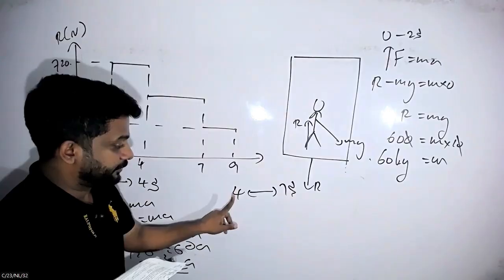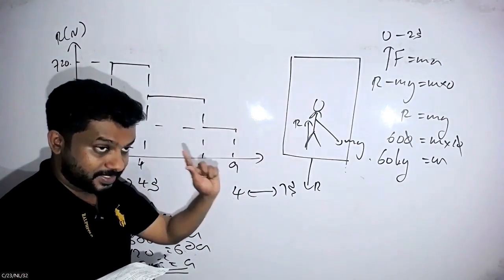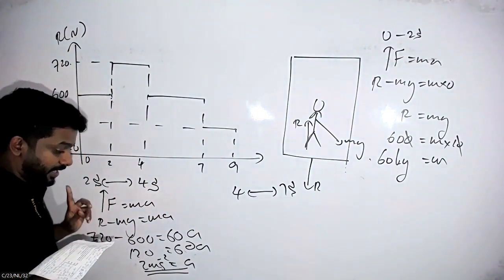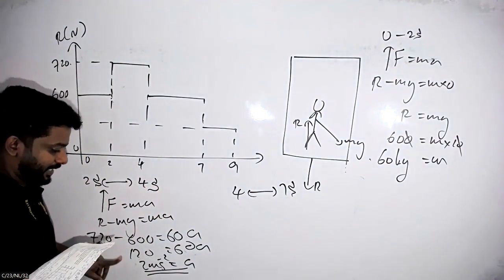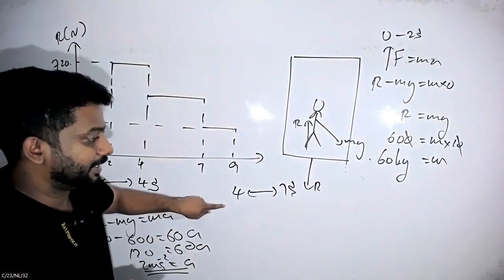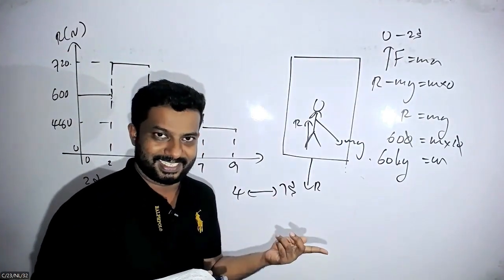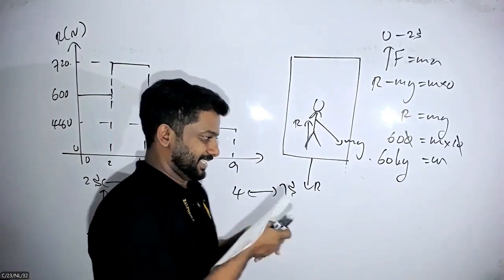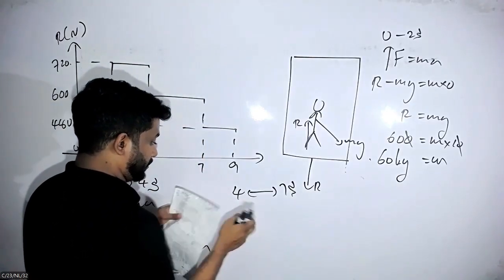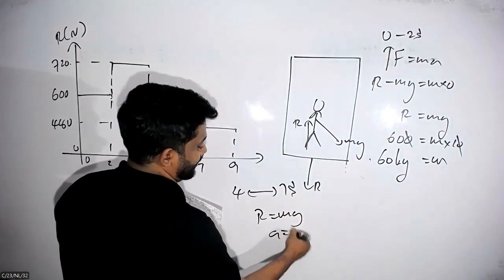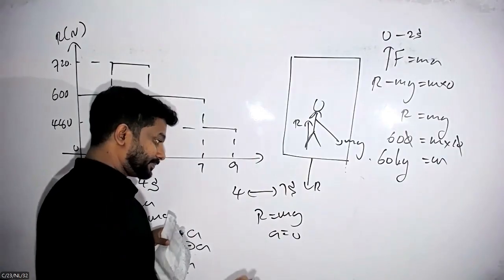Next 3 seconds, 4 to 7 seconds, it moves with the maximum velocity acquired during the acceleration. පුතේ මෙතනින් ගත්ත maximum velocity එකකින් මෙයා constant velocity එකකින් 4 to 7 second move වෙනවා. It is a uniform motion, right? Then why? In the 4 to 7 seconds, normal reaction is equal to mg. Therefore, acceleration is 0. Right, Pute?